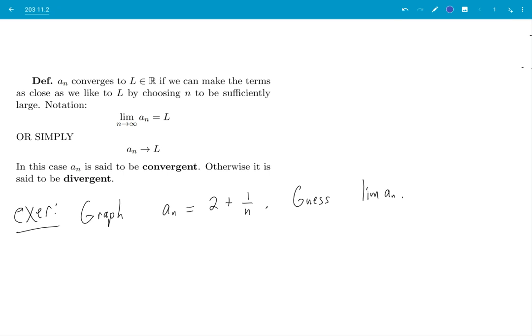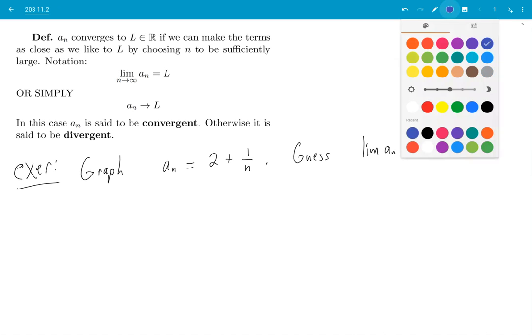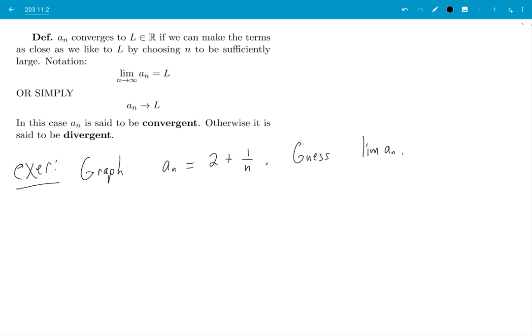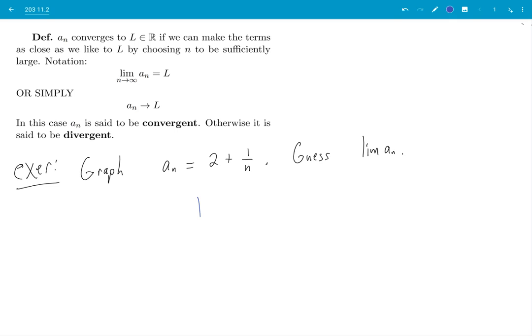Okay, I want you to try this graph here. It'll help us talk about this definition. So pause and try. So what do I get here? I'm going to give myself lots of space.